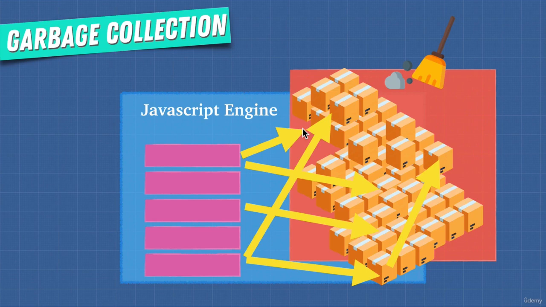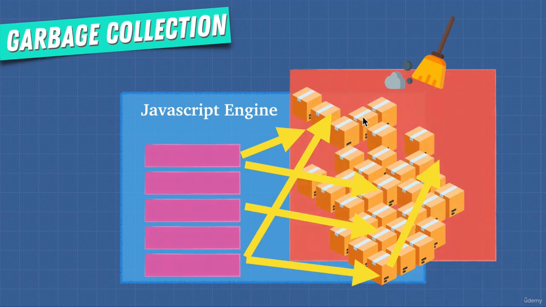So JavaScript automatically frees up this memory that we no longer use and collects our garbage, just like this. So only the data that is still useful to us remains.